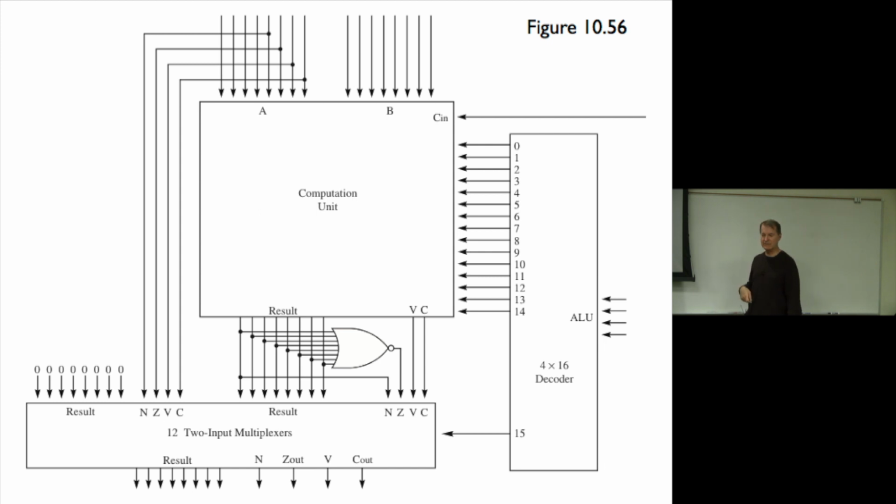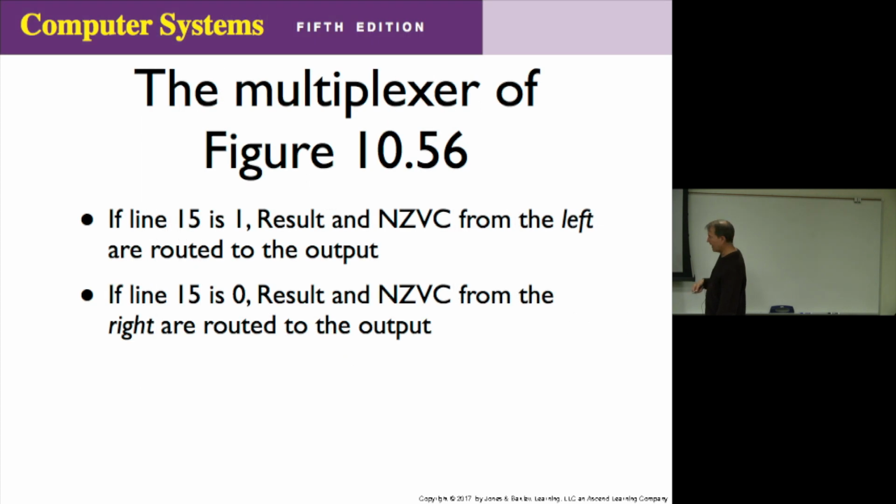Now, do you remember how that worked? Okay. And then here, this describes which one. If line 15 is 1, then the result of the NZVC from the left are routed to the output. If line 15 is 0, the result from the right are routed to the output.